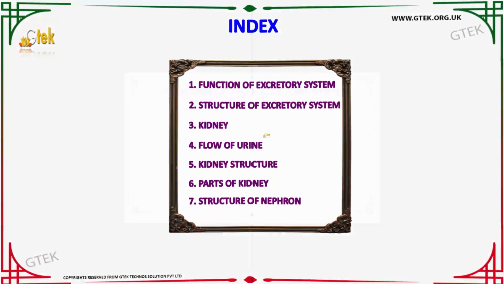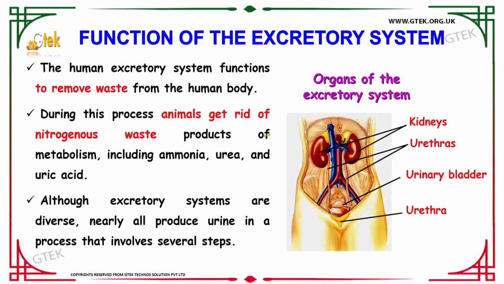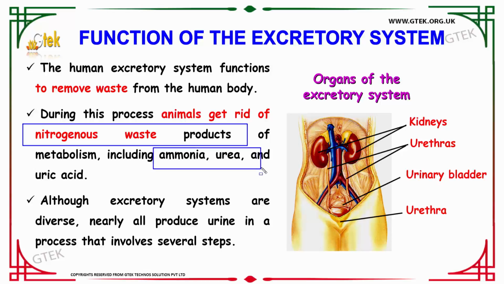So let us see, what is the function of the excretory system? Your human excretory system has the major task to remove waste from the human body. So if you see, during this process, the animals will get rid of the nitrogenous waste products of metabolism, which includes products such as ammonia, urea and uric acid.